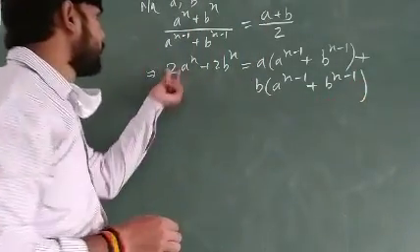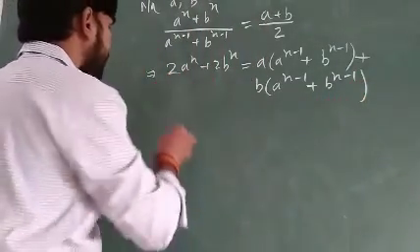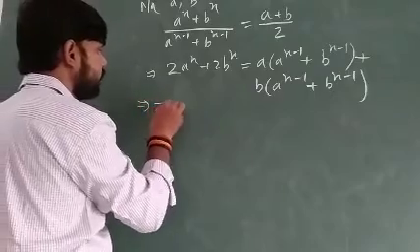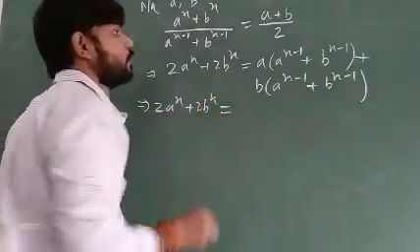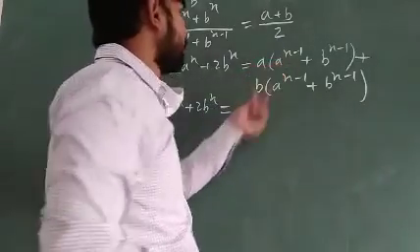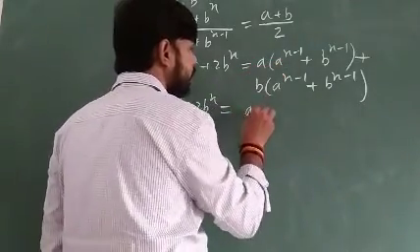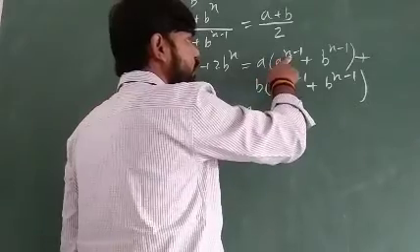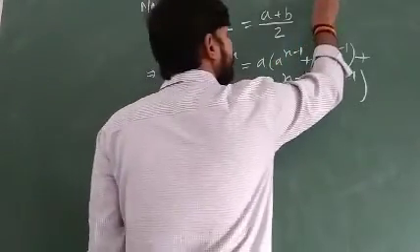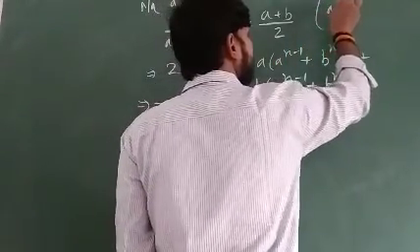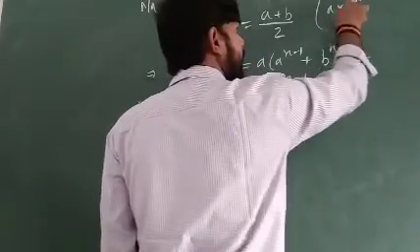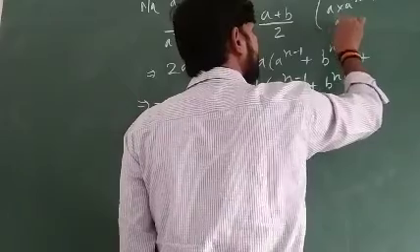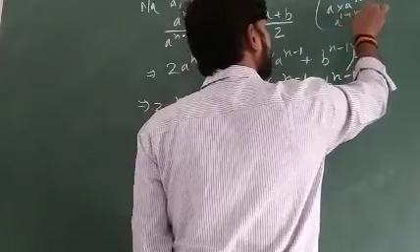Now 2A power n plus 2B power n can be left like this only, equals, on multiplying A with this term you will get A into A power n minus 1. When the base remains the same, powers are added, so A power 1 plus n minus 1.